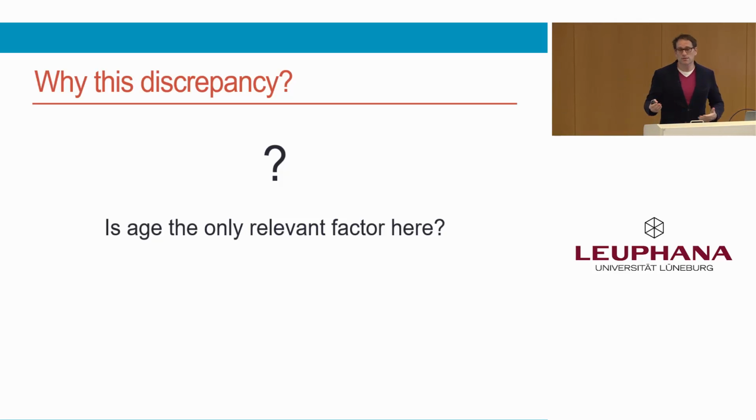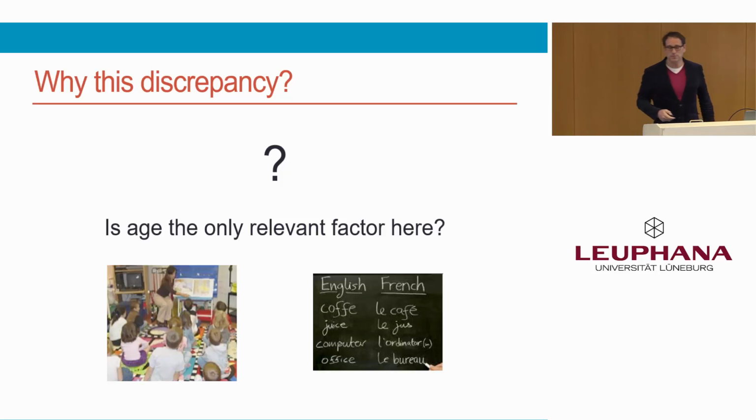My students always say, well, yeah, the younger kids learn better with pictures and adults learn better with word association. And I don't believe that. So my take on this, and I haven't been able to show this, was that possibly these young university students in the 90s had learned exactly like this when they were young.